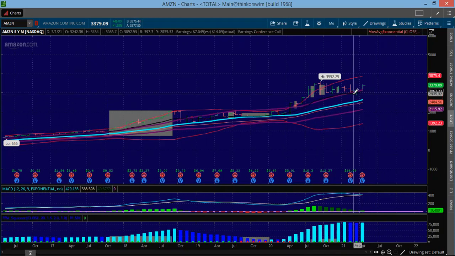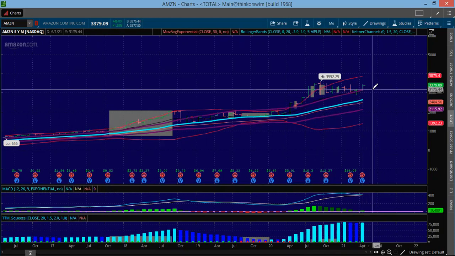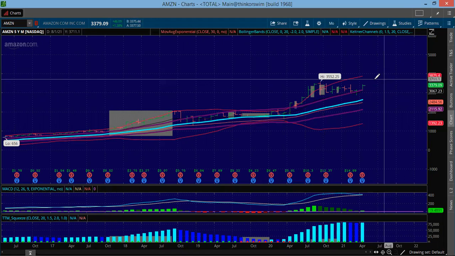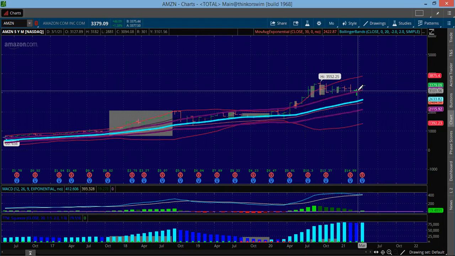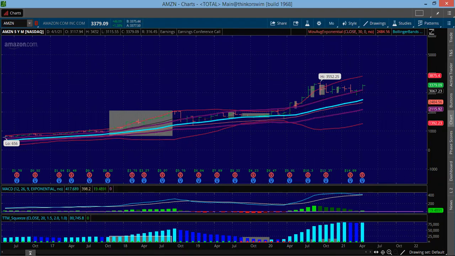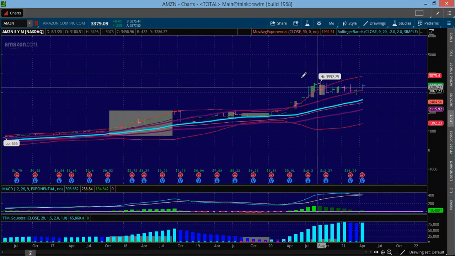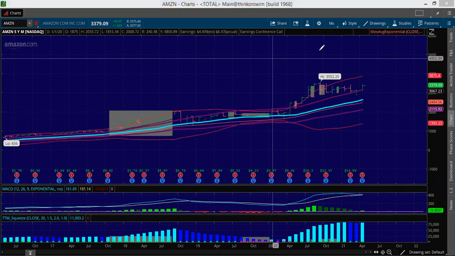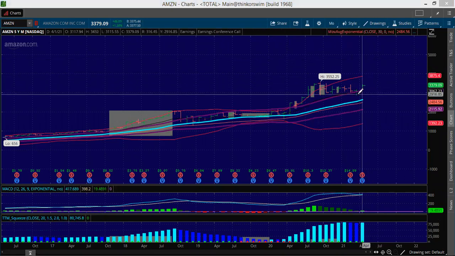And so I'm banking that I will keep getting a move to the upside since it's been consolidating for so long, as you can see right here.